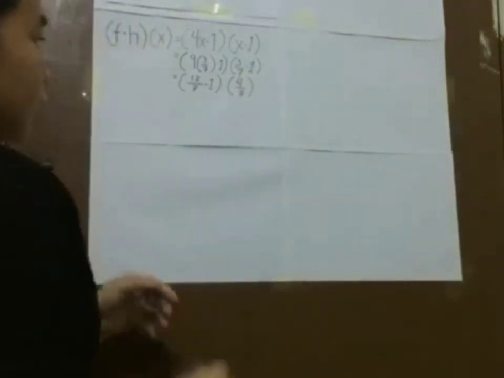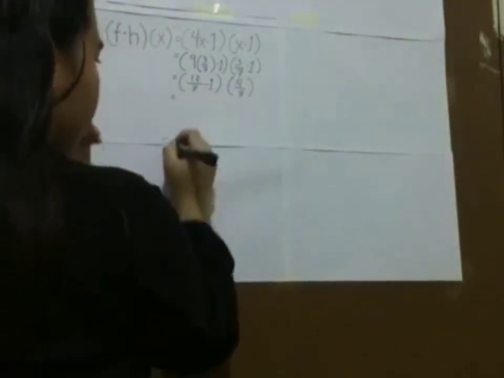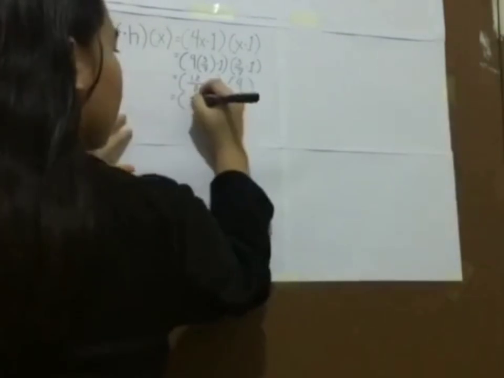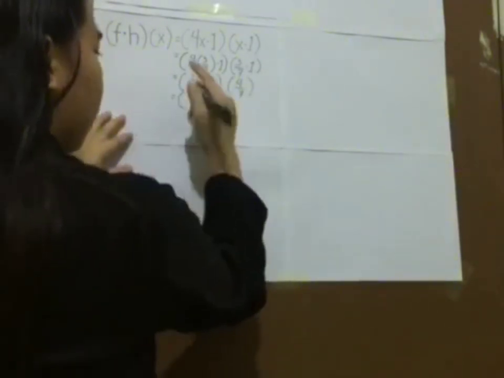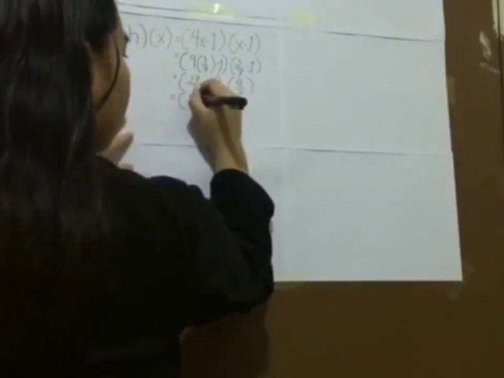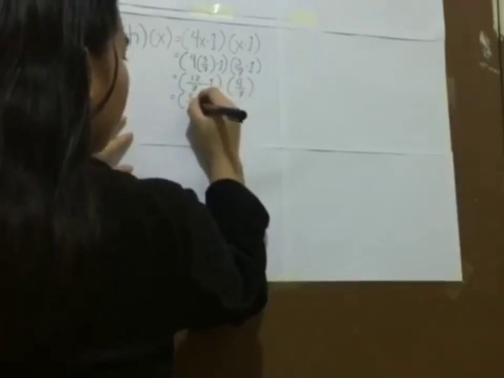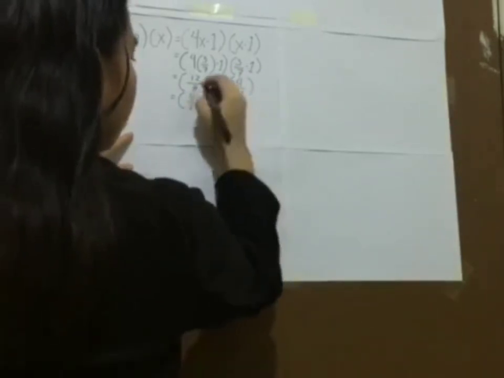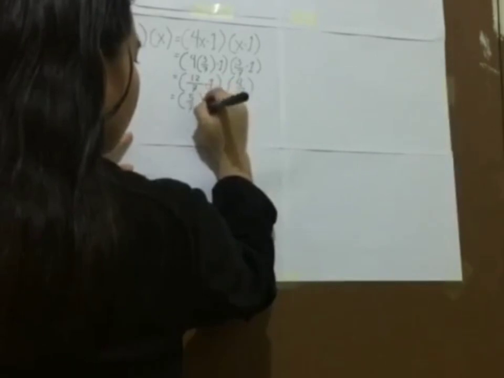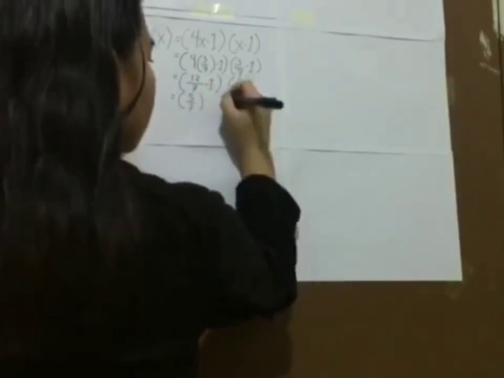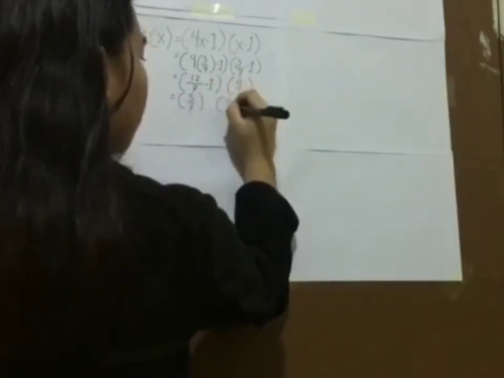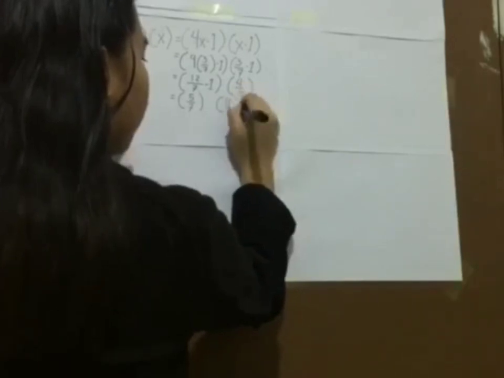So next, we're going to subtract. So 12 minus 7 will be 5 over 7, and 4 over 7.